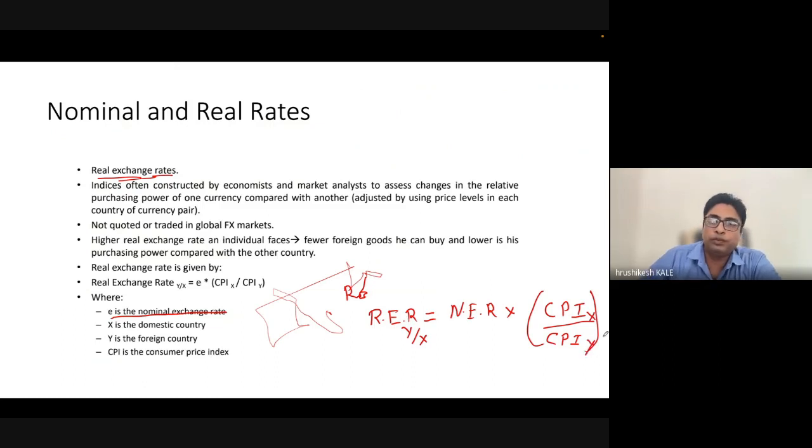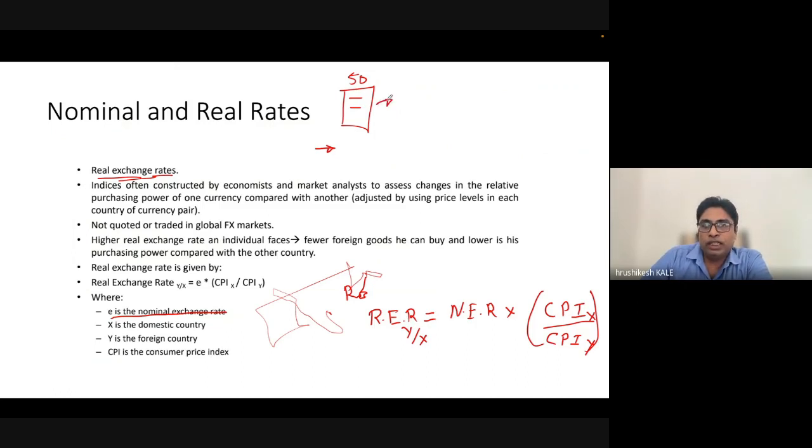Now, consumer price index is nothing but the prices of all essential commodities of that country. So let's say in India we have a list of, let's say, 50 commodities. Couple of years back, you had the price of Murphy radio in that, but now they have changed. So 50 commodities, including let's say some electronic, some food items, and all that.